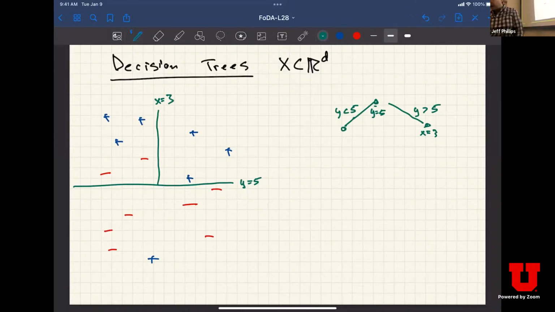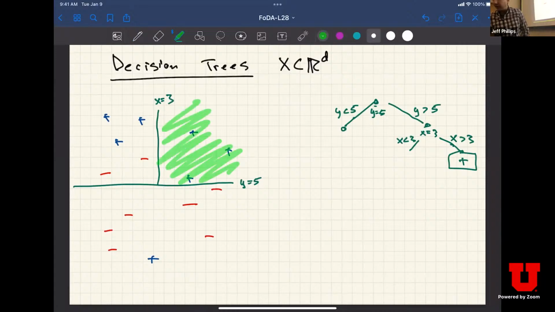So then I'm going to have cases: x less than 3 and x greater than 3. When I get to this cell here, it's going to get a plus, because everything in the cell corresponding to here, all the data, is plus.